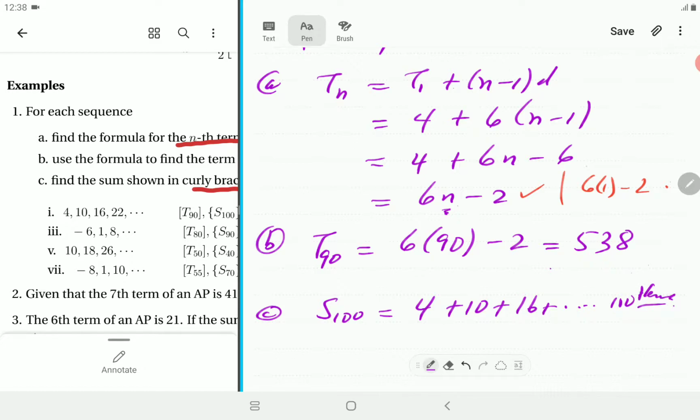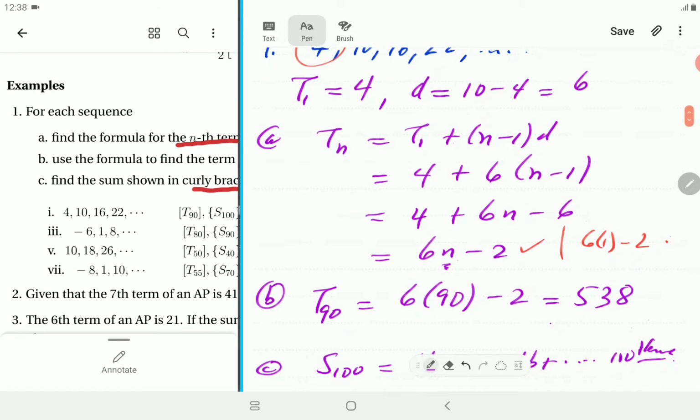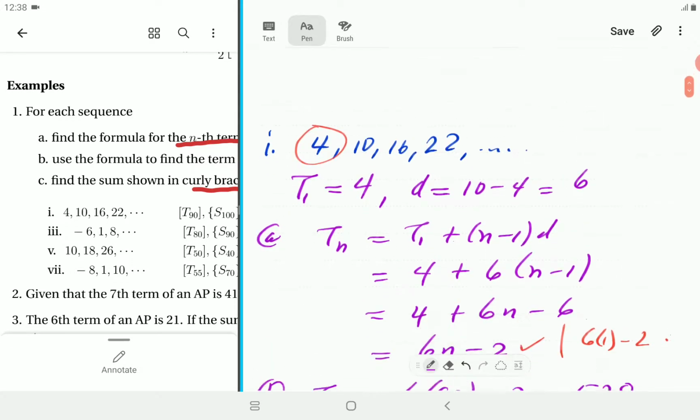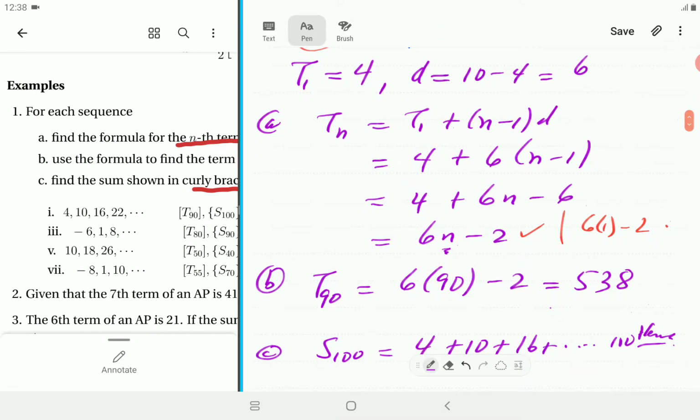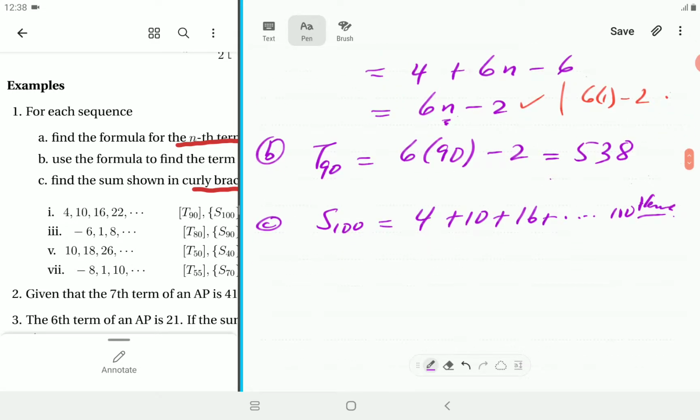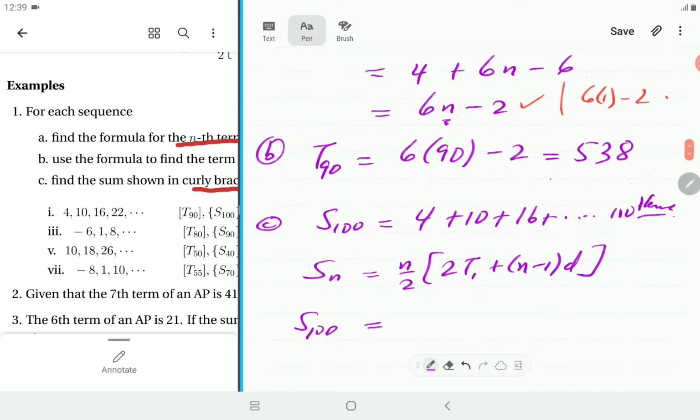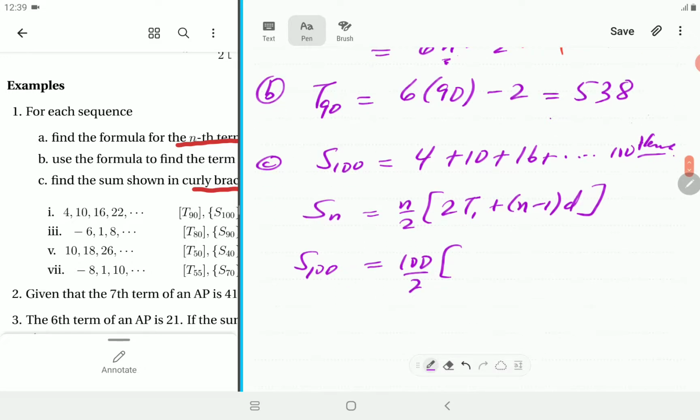All right, so we know the first term, T1, and we know D, but we don't know the last term. So for that reason, we are going to use the formula that does not involve the last term. So S n equals n over 2 times (2T1 plus (n minus 1)D). For S100, every n is going to be replaced by 100.